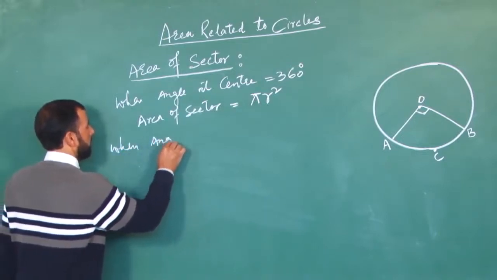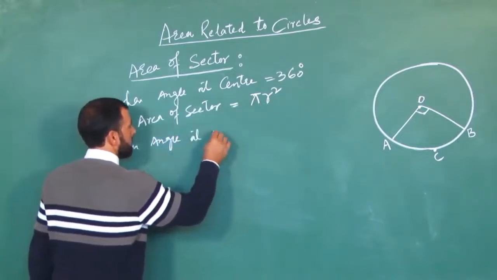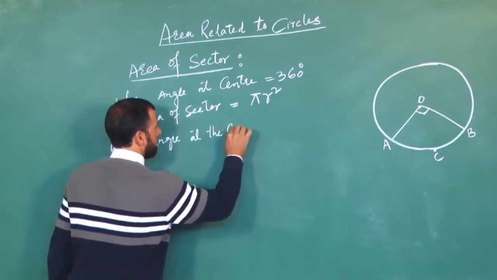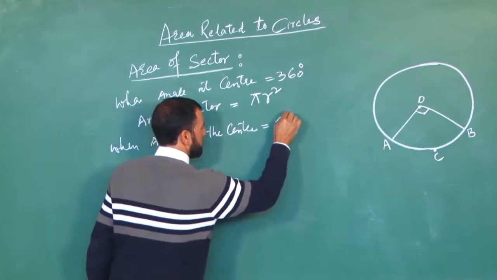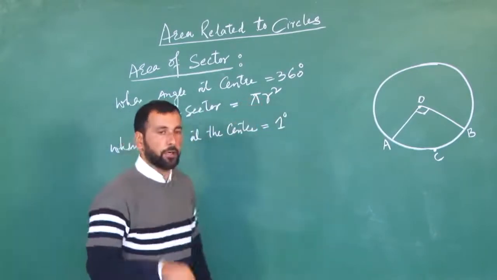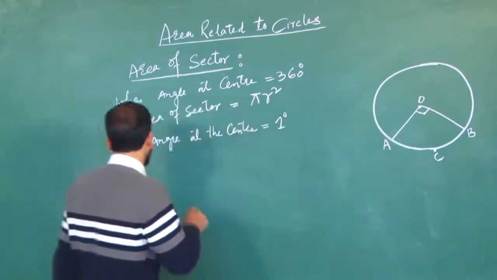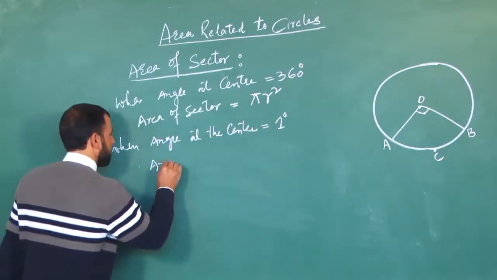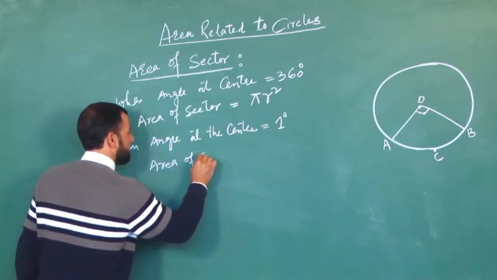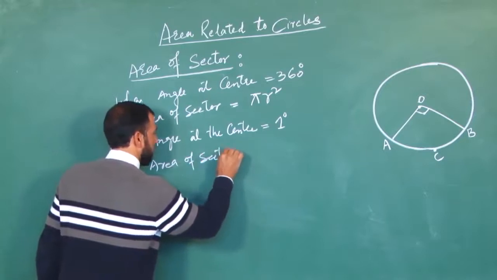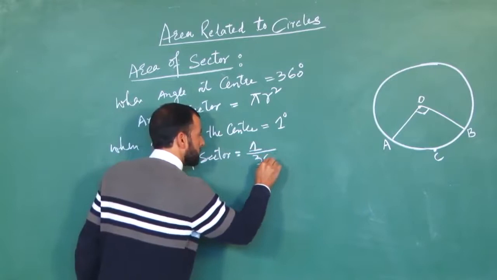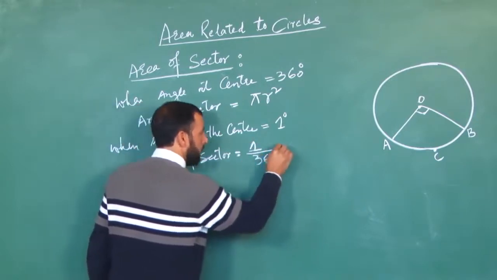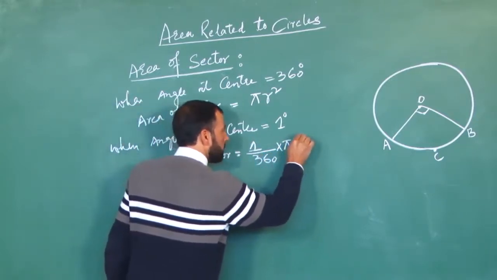Now similarly, when the angle at the center is equal to 1 degree, then the area of the sector is equal to 1 divided by the complete angle, that is 360 degrees, into pi r square.